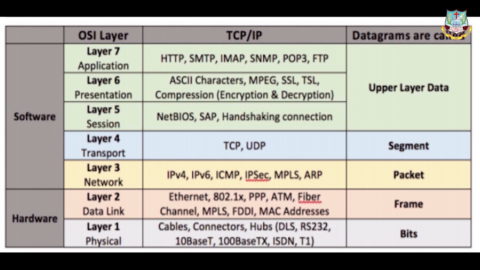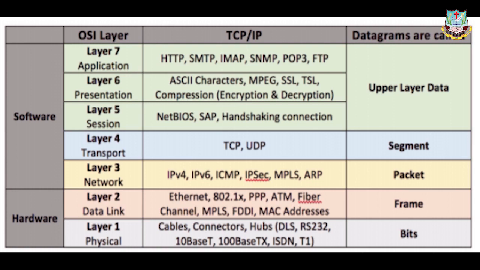This layer has simple protocols like 802.3 for Ethernet and 802.11 for Wi-Fi.